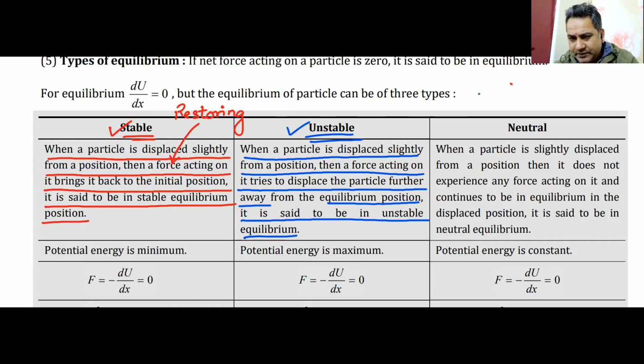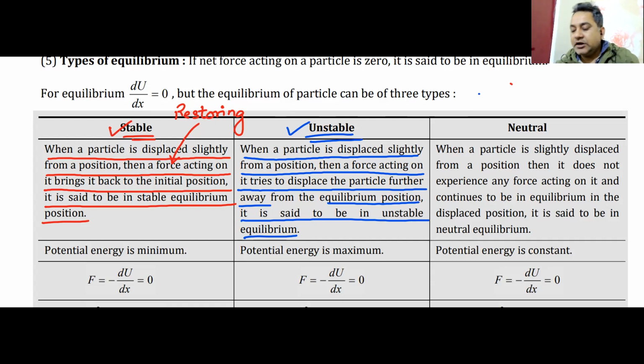In stable equilibrium, force will try to pull it back to its original position. This force is known as the restoring force. But in unstable equilibrium, this force does the reverse. It is not restoring. It is pushing the particle further away from its position.